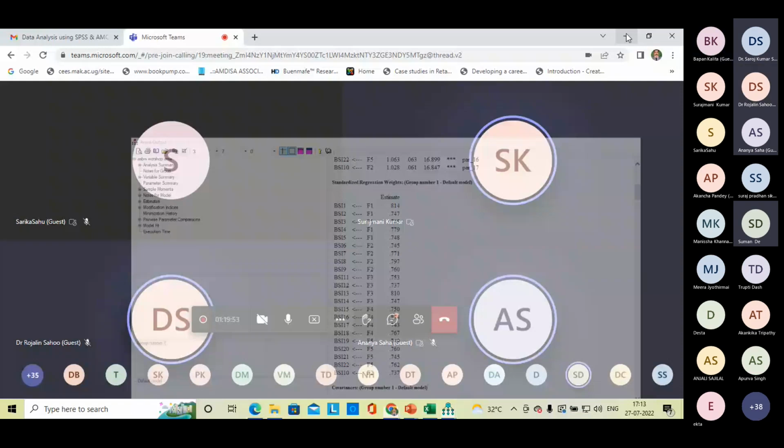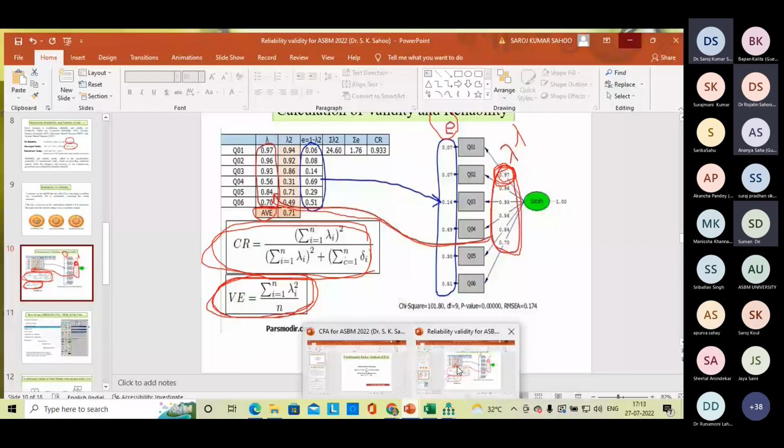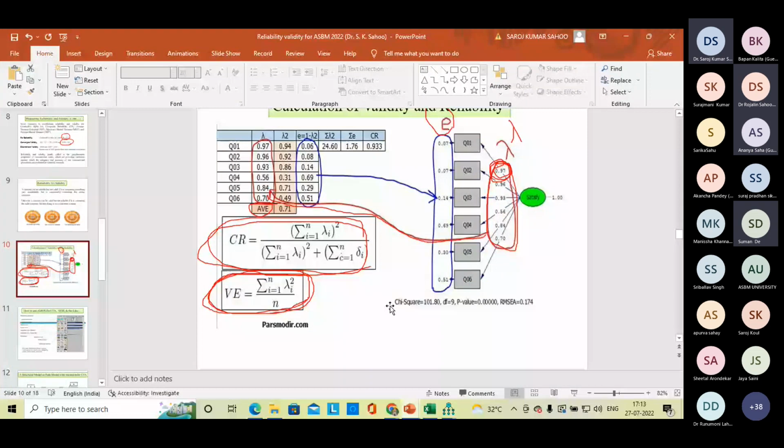Now, please follow me. All the lambda values are simply regression weights. Square all the lambda values separately. No, sorry, I'm sorry. Please hold on.